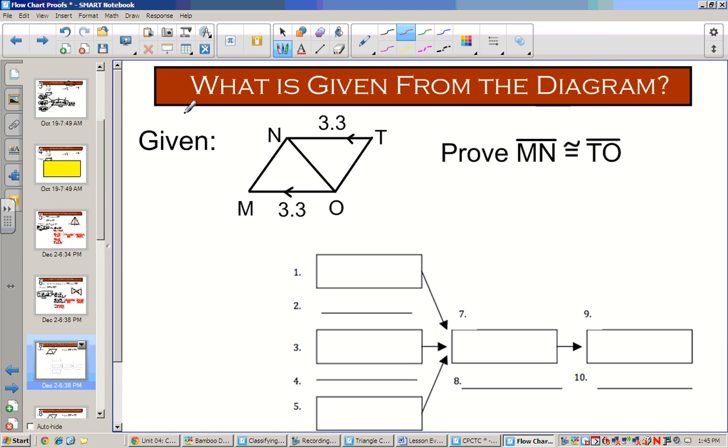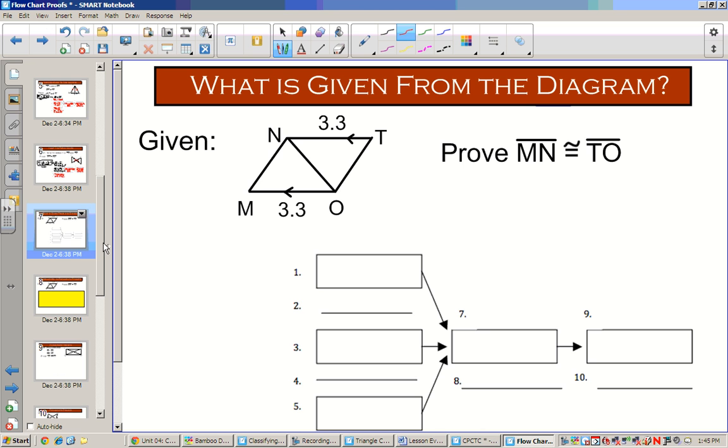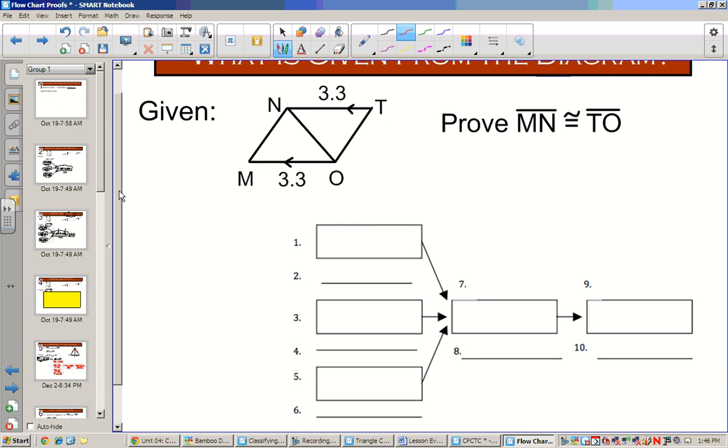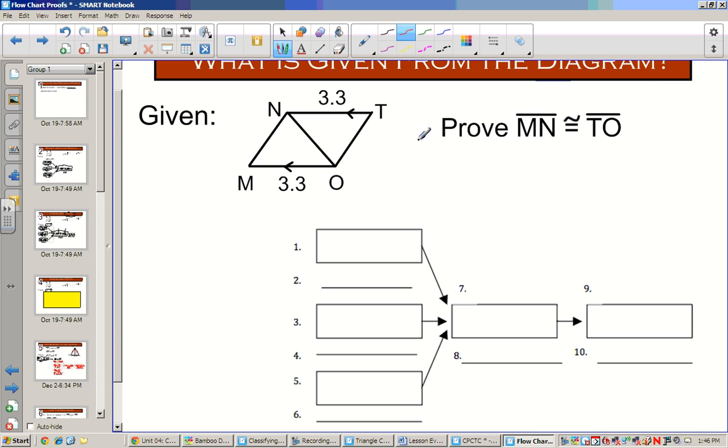All right. This is one last one, and then we're all done for the day with flowchart proofs. So we want to prove that MN and TO are congruent. Well, we know MO is congruent to TN, because that's just given. They're both 3.3.